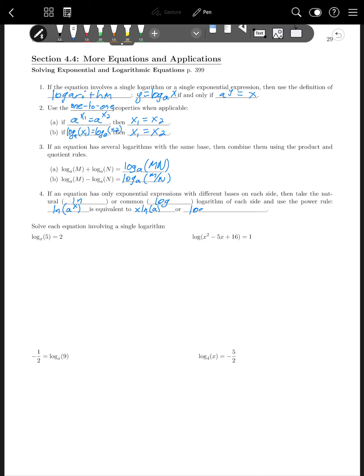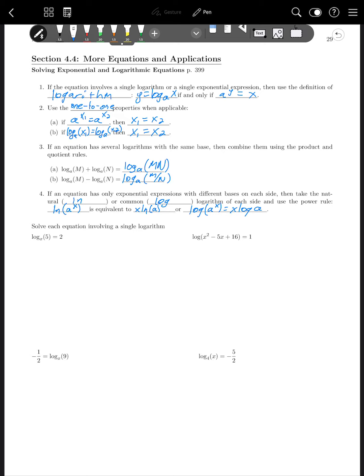So log of a to the x is equal to x times log of a. So this is another way to get the variable out of the exponent, by taking the log of both sides and then using the power rule.